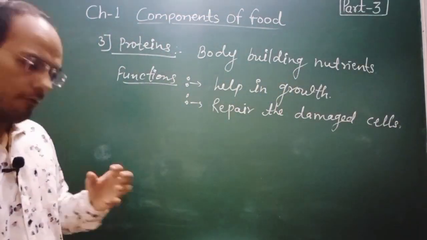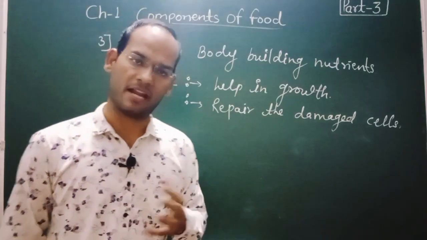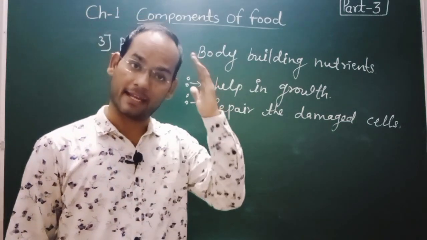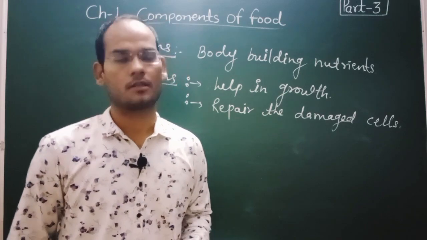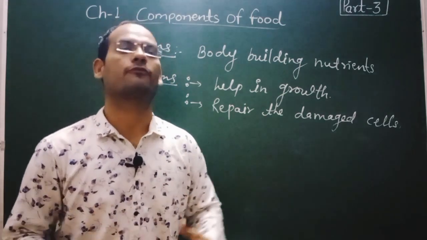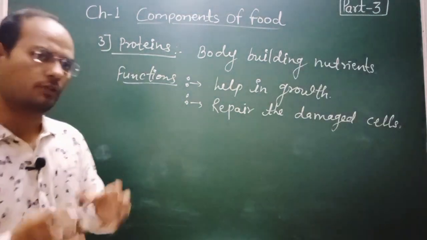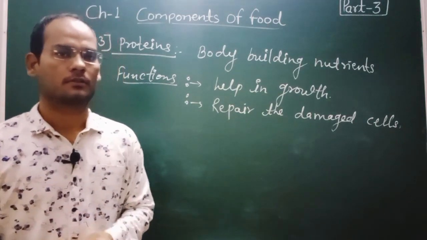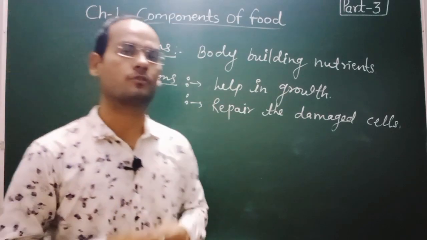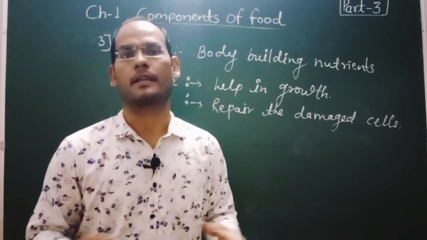Because our body is basically made from proteins, like hair, nails, blood cells, and many more things. So that's why our body requires protein. We should take protein in our food.